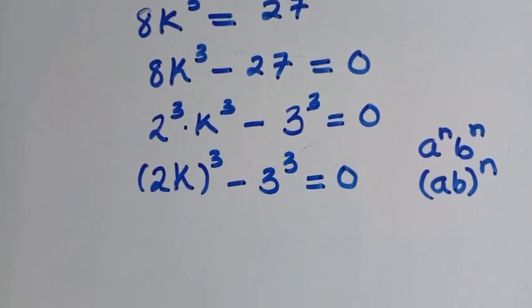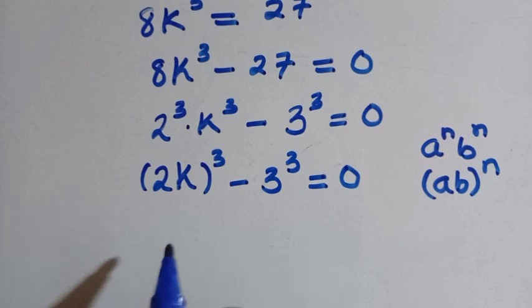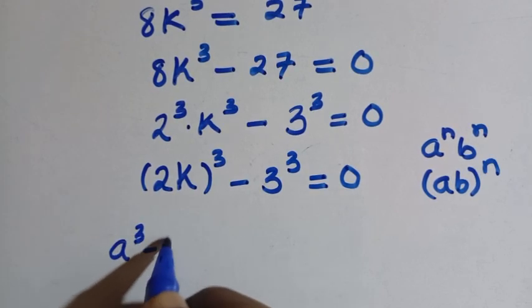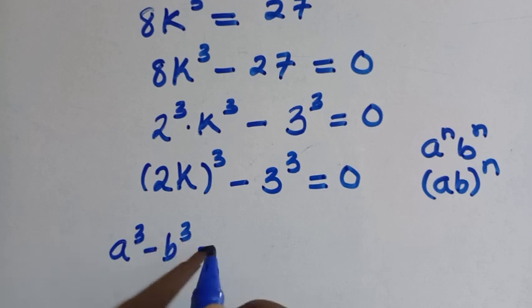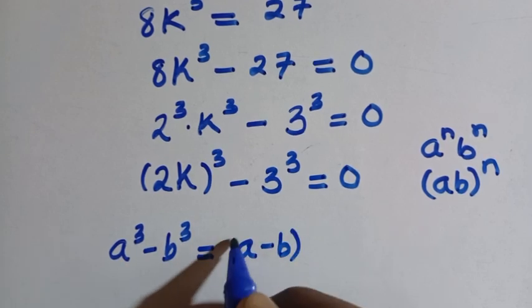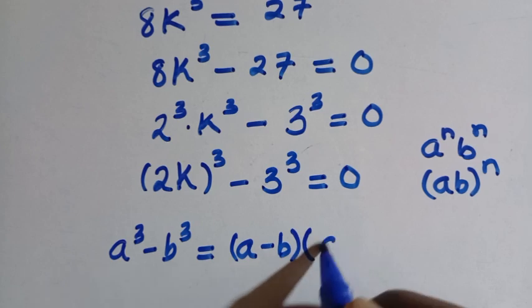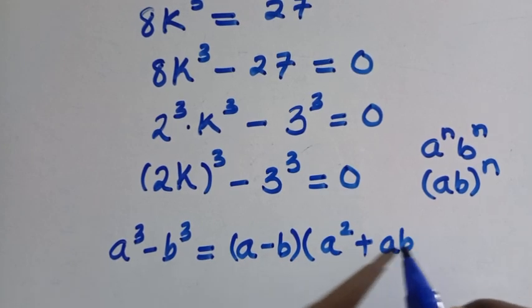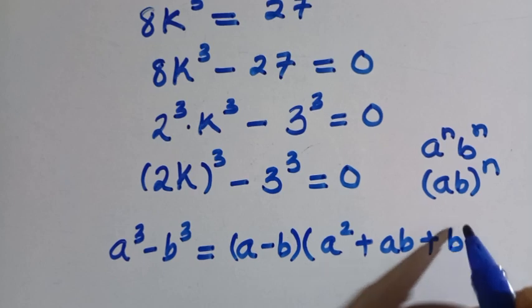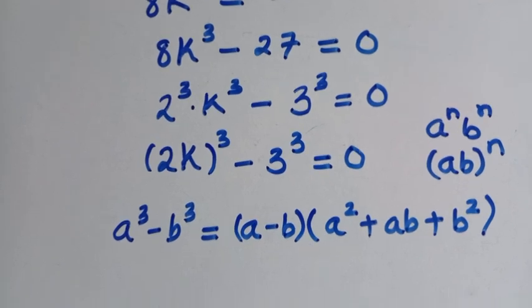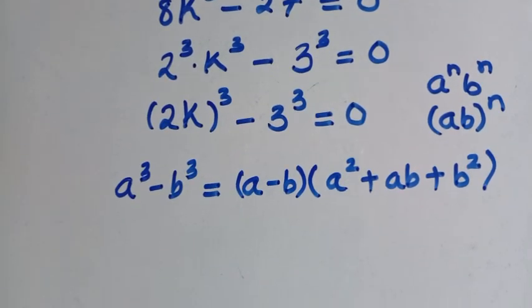And let's recall this very important identity. Let's say we have a cubed minus b cubed. This equals a minus b multiplied by a squared plus ab plus b squared. So here is the identity we are going to be applying at this stage.